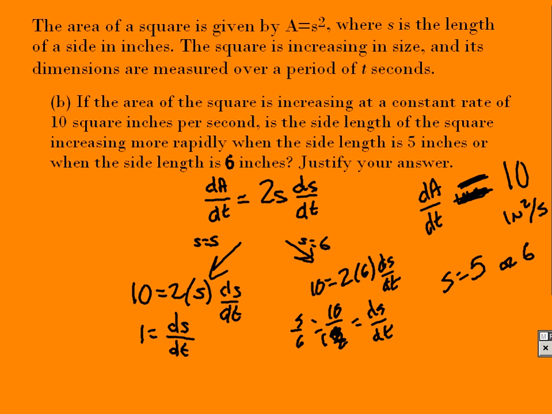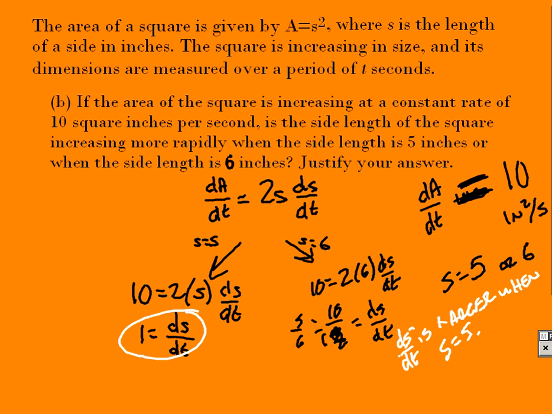So which is bigger? ds dt is bigger when s equals 5. ds dt is larger when s equals 5, and again, justifying your answer is just showing your work. So it's increasing more rapidly when the side length is at 5 inches.